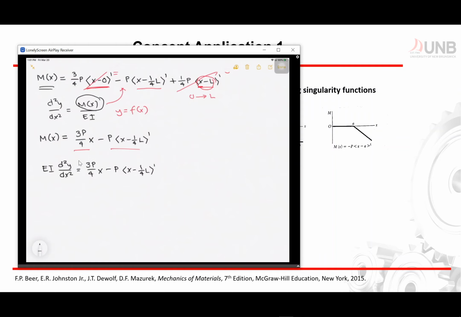Now I can integrate this function right here, so let's call it, change the color to, let's use green this time, equation 1. Now let's integrate equation 1.